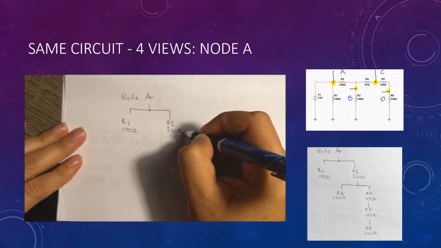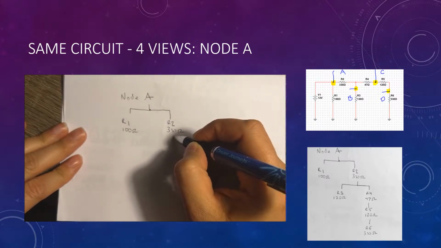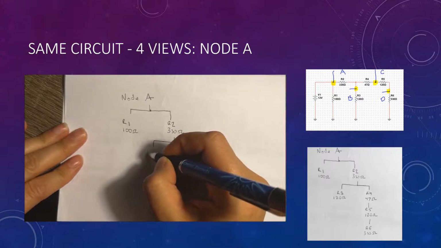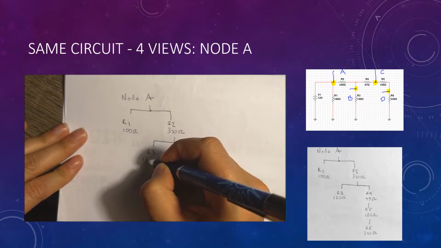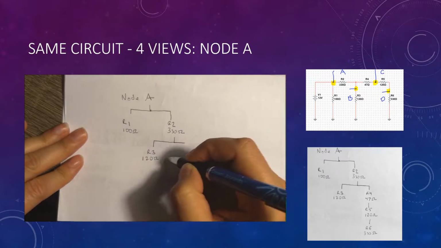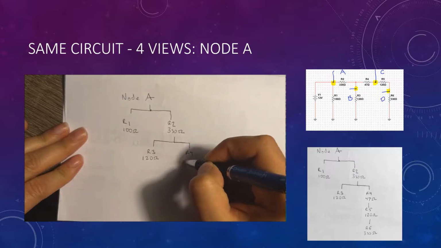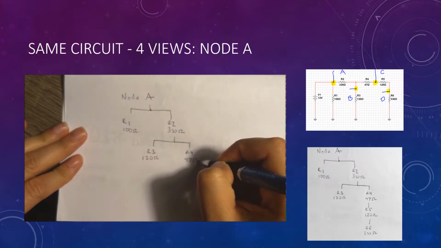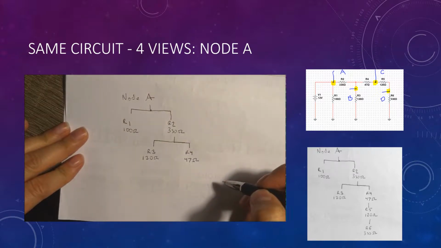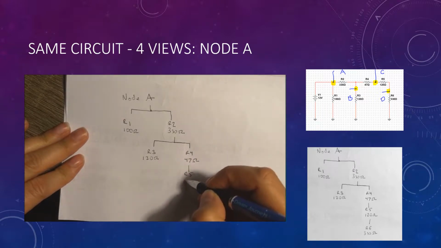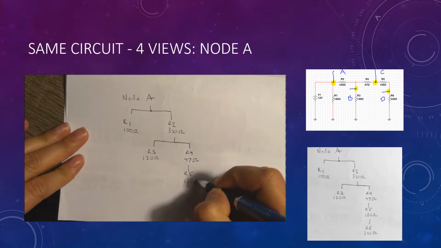Moving along the 330 ohm branch, we notice that we also have another branch that splits: R3 at 120 ohms and then R4 at 47 ohms that run in series with R5 at 120 ohms and R6 at 330 ohms.